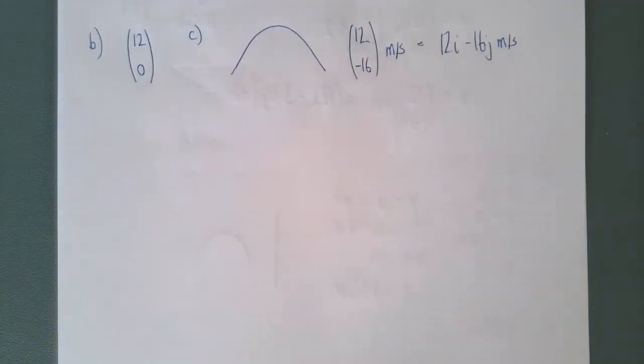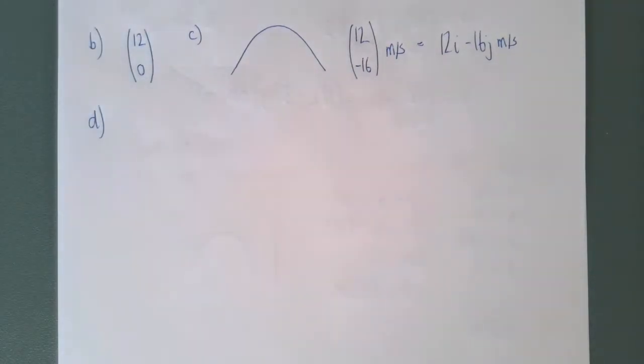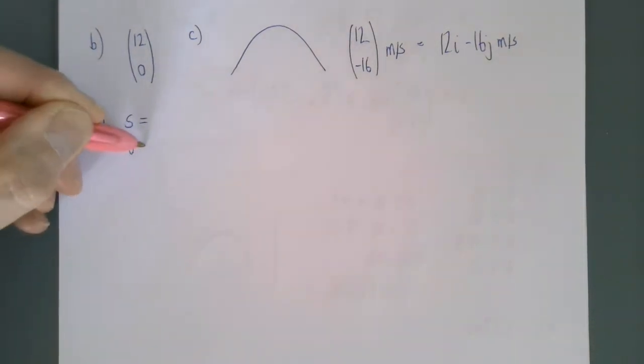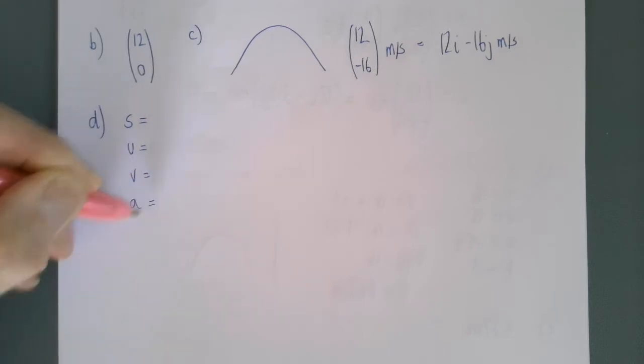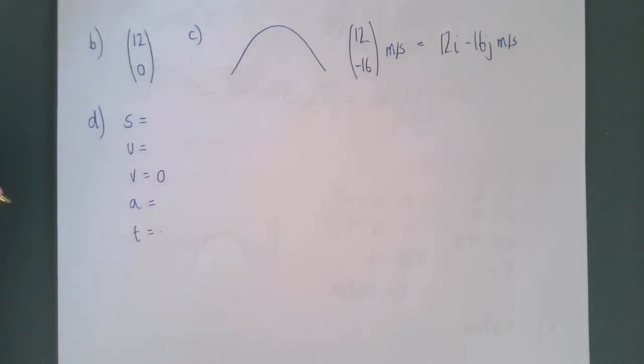Now I'm going to add a sub-question to this, part D. Part D says, what's the time at which it reaches its maximum height? So part B was what's the velocity at its maximum height? We could just write that down. What's the time when it reaches its maximum height? Well, time is a scalar, and I know this is only to do with the vertical direction, so I'm going to revert back to normal non-vector suvat for this. So I want to know its time when its vertical velocity equals 0.